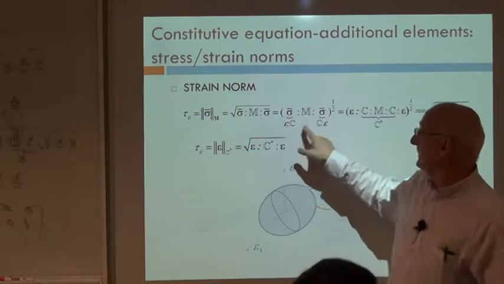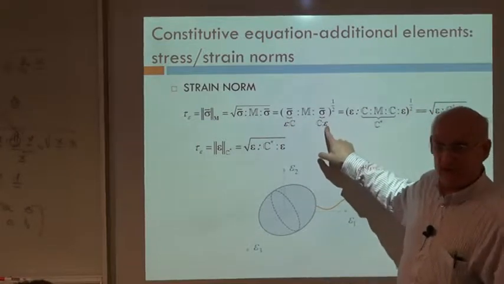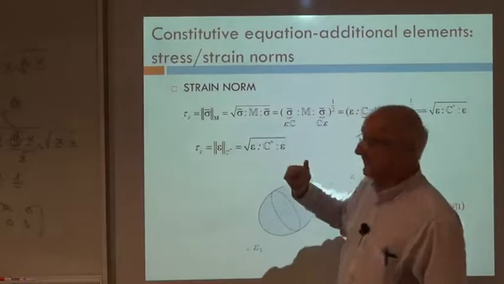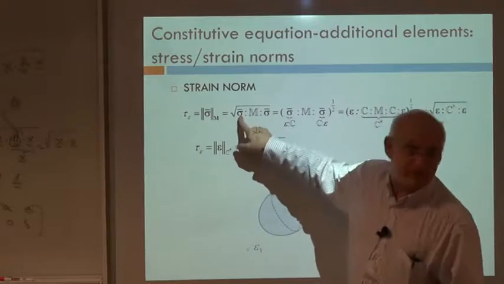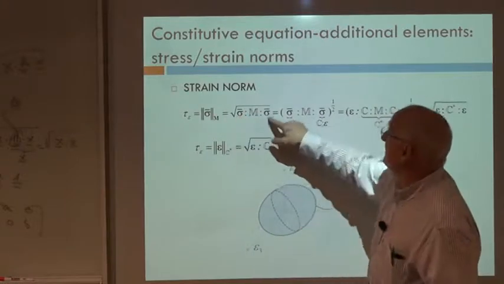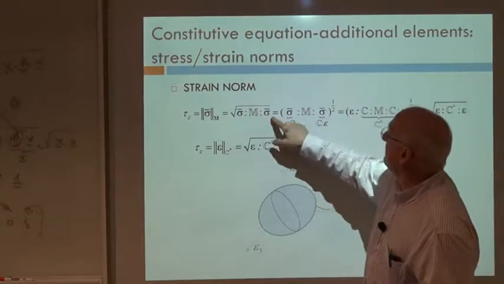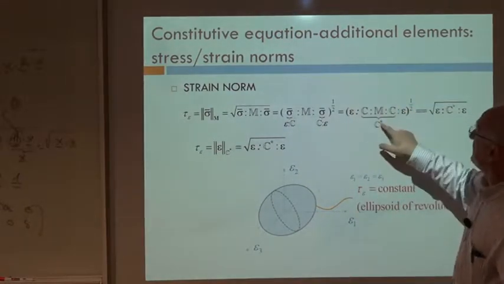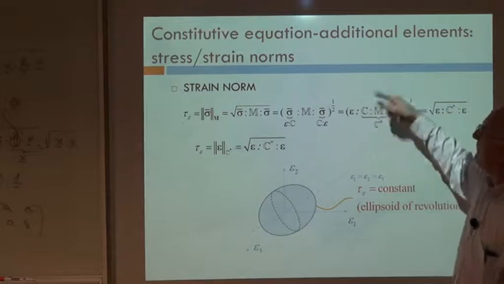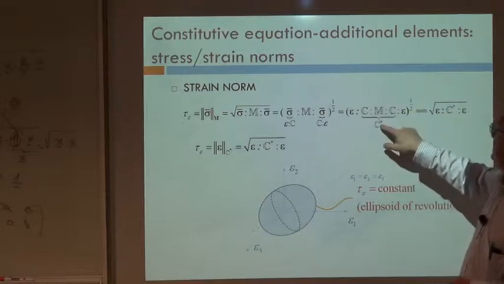The definition of the effective stresses is C times epsilon. So by taking the same norm, but now instead of the apparent stresses we use the effective stresses, by some operation, replacing here sigma bar by C epsilon, we obtain a product. Let's call this product a fourth order tensor, which is C star.